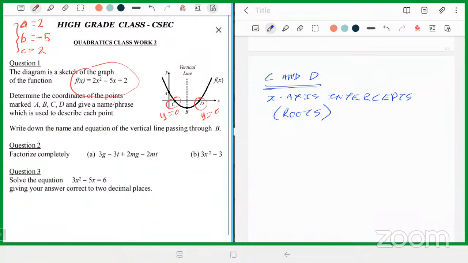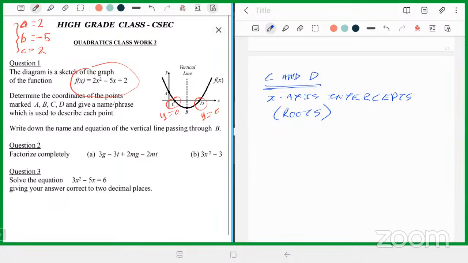The roots are the x values where the graph intersects the x-axis. The points are called the roots, or the x-axis intercepts. But the x values that you get when you solve the equation are also called the roots. They are the roots of the quadratic equation. So the word roots has a sort of double meaning there.